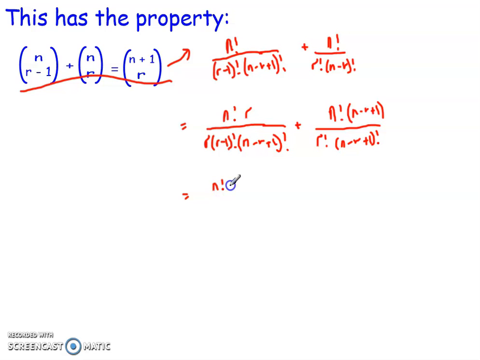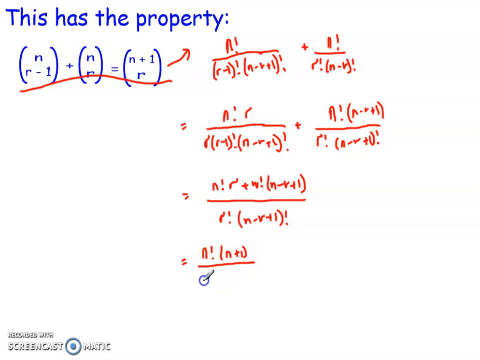So I then get n factorial times r plus n factorial times (n minus r plus 1) on the top, over r factorial, bracket (n minus r plus 1) factorial on the bottom. If I then combine the top and play about with it, multiply out the bracket and get it all together, that top can be simplified to n factorial, bracket n plus 1, and on the bottom I get r factorial, bracket (n minus r plus 1) factorial.